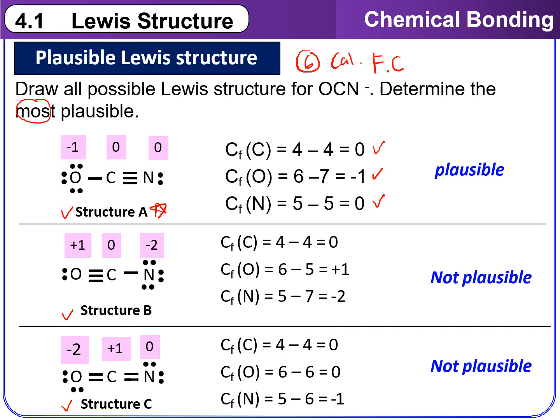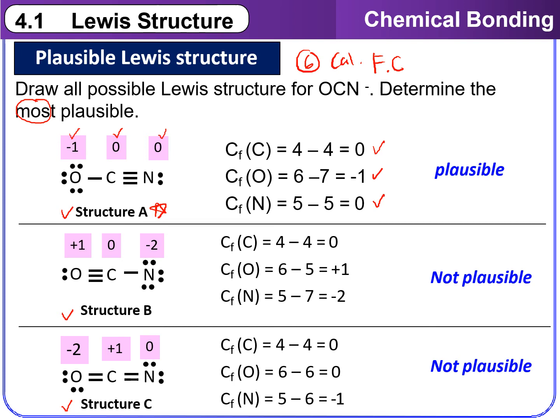So in this case, we do not need to show the bracket and the negative sign, because based on the formal charges we total up to -1. So we do not need to repeat the same thing twice, and we do not need to show the overall negative charge.